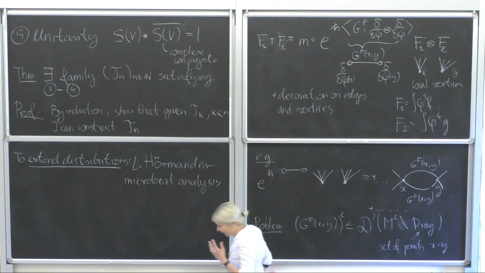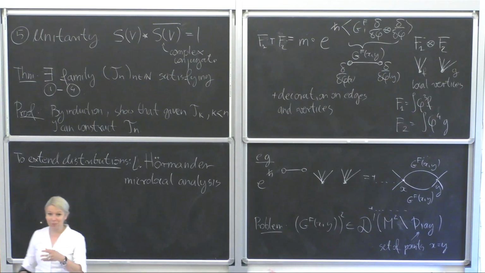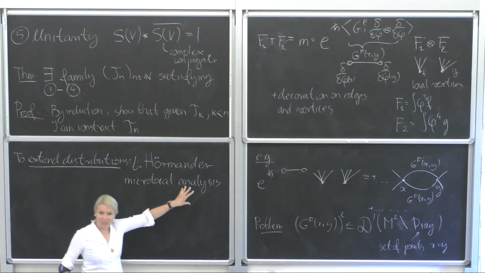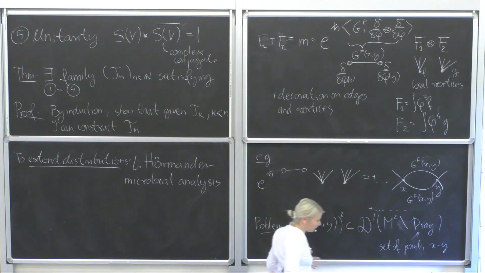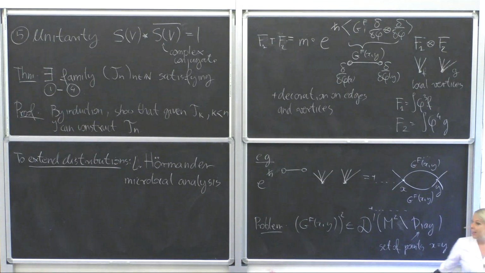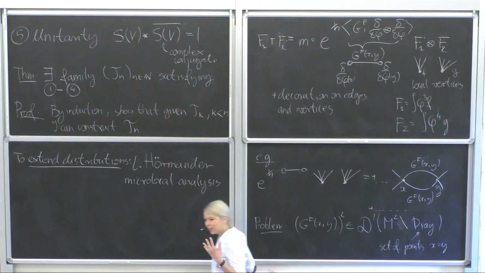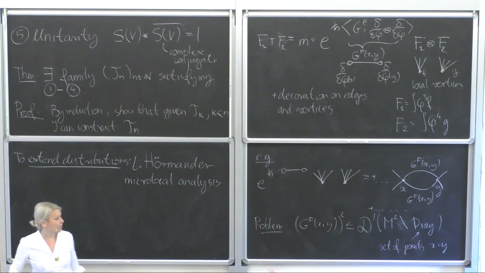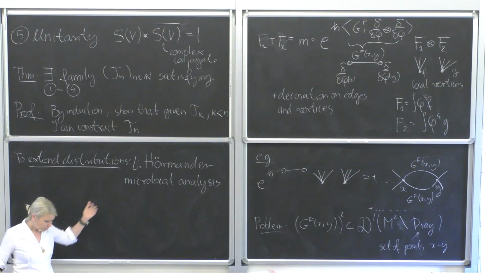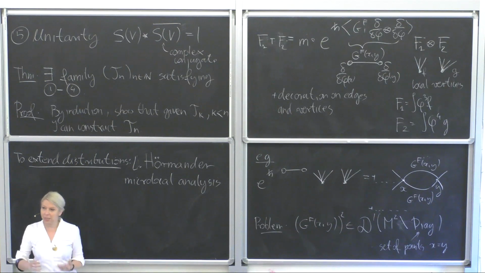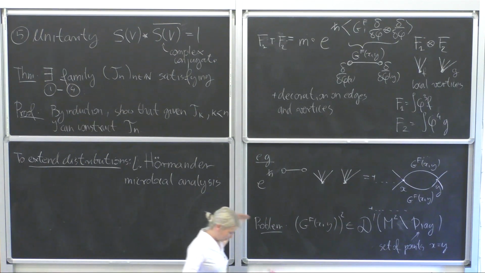So if you think like, I want to multiply distributions, I want to make sense of Feynman diagrams, all these things that people tell you, no way. This is the book that helps you do that. So you have to get used to wavefront sets and things like that. But then it gives you some neat tricks to actually work these things out.